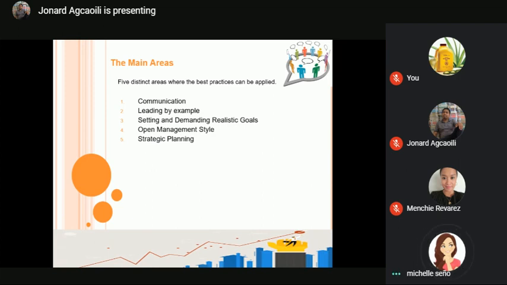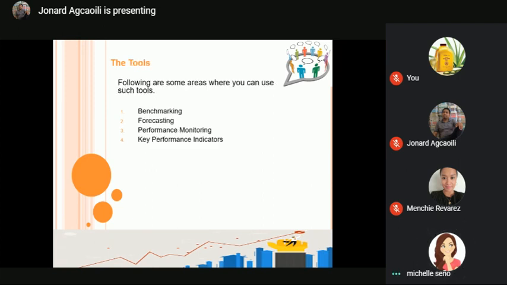The tools. Ayan. Ito po yung mga tools. Following are some areas where you can use such tools. So, benchmarking. Kagaya po nung kanina, yung sa external best practices, pwede po natin ito, kumukuha po tayo ng mga information or nagbe-benchmark po tayo para ma-compare natin kung ano man po yung kulang ng isang organization.